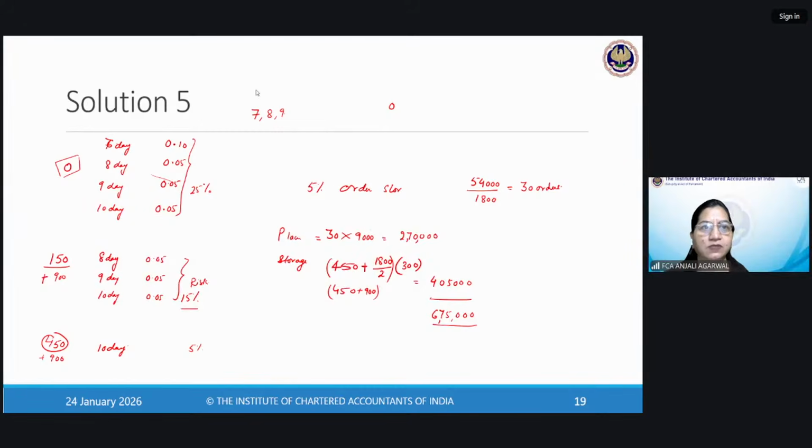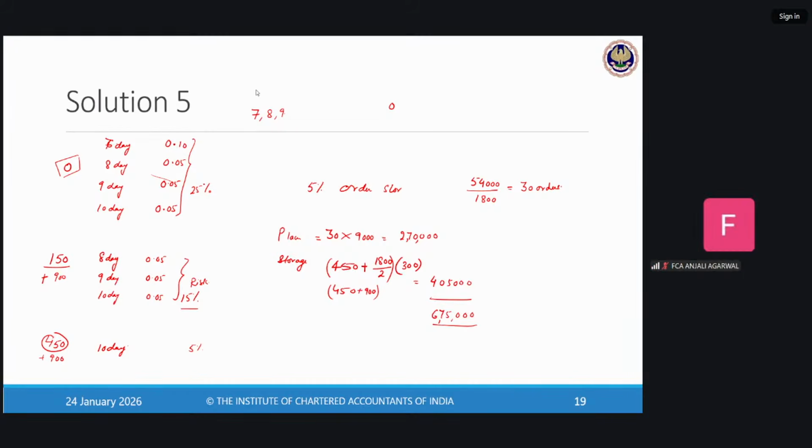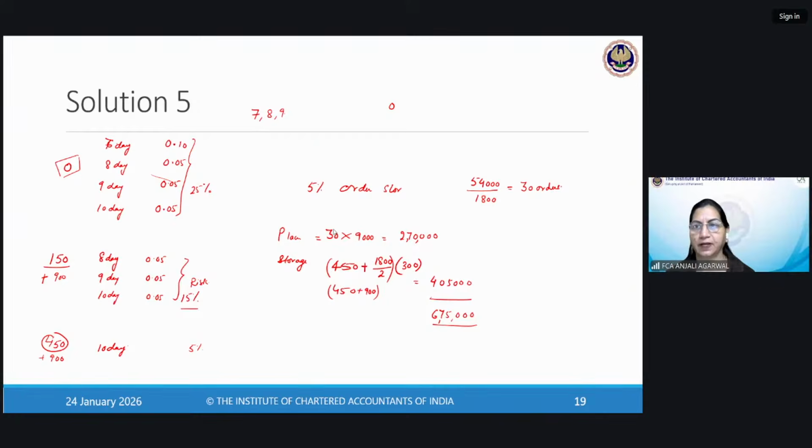You can note down this working. Right? So I hope this is clear.